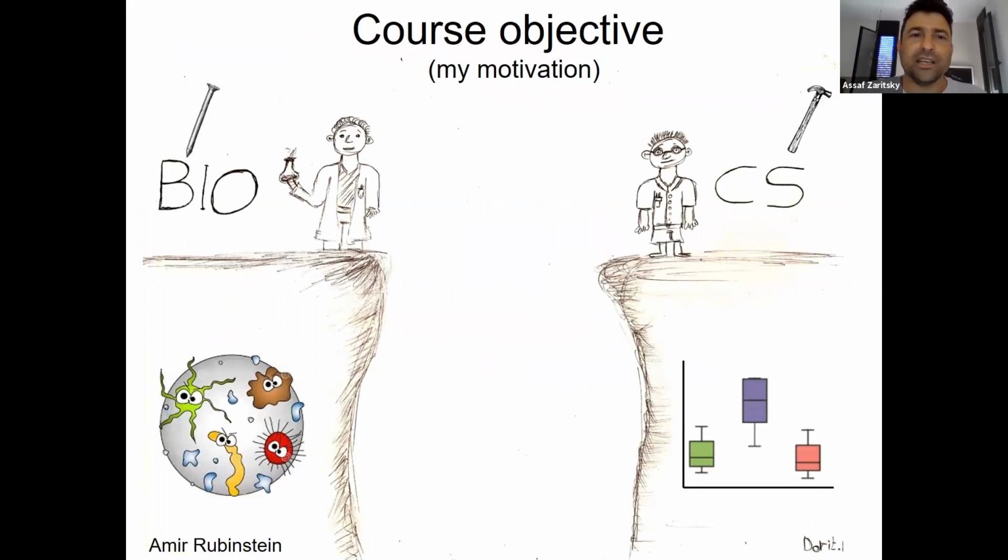So the course objective was to bridge this gap between cell biology and computer science or data science. The nails are the important and exciting problems in biology. I mean, all the world now appreciates that biology is the coolest place to be in terms of science.